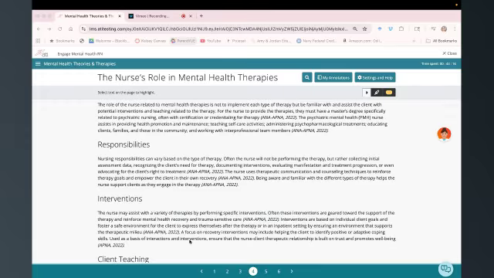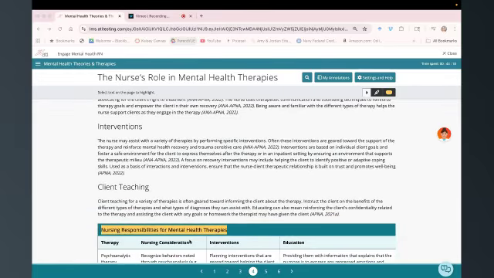When we're talking about interventions, nursing is there to reinforce mental health recovery and trauma-sensitive care. So what do you think trauma-sensitive care means?